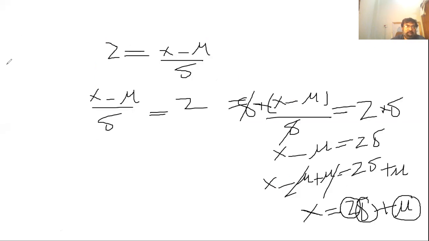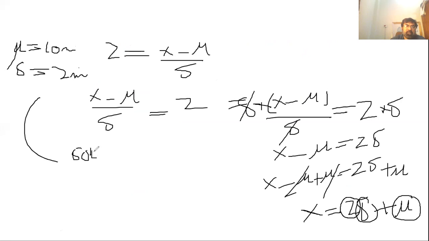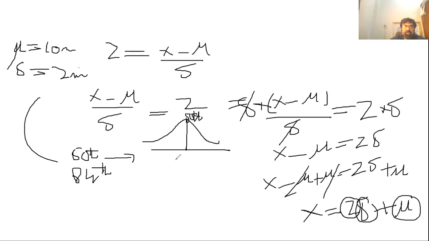So the data over here is mean equal to 10 minutes and standard deviation equal to 2 minutes. Now for the 50th percentile and then for the 84th percentile. For the 50th percentile, we have already discussed that the z-score is equal to 0. So what will be the reaction time, that is, what will be x.